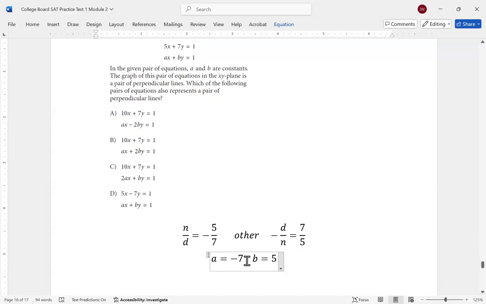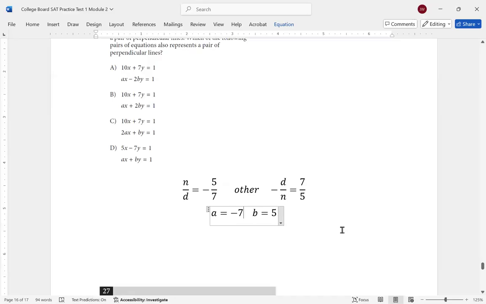So we can get -7 times some value of n, or 5 times some value of n. Now, for our purposes, the scale is not going to matter. So we can assume that A is -7 and B is 5, and then everything works out. Again, the scaling size does not matter.